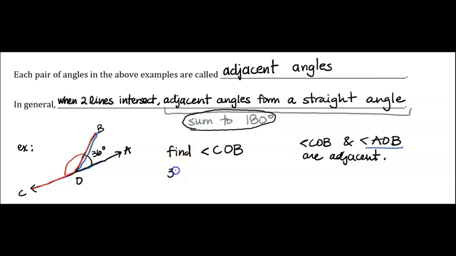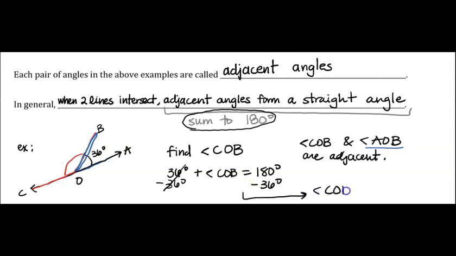So it must be that 36 degrees, which is angle AOB, and the angle that we're looking for, when we add them together, we get 180 degrees. So to solve for angle COB, I can subtract 36 degrees from both sides of this equation to be left with angle COB is equal to 144 degrees.